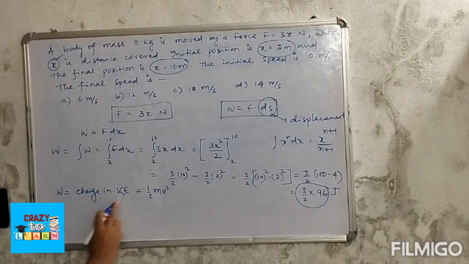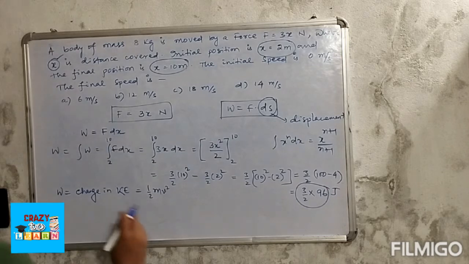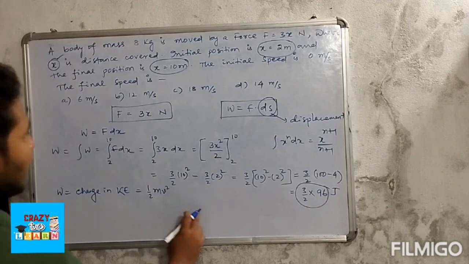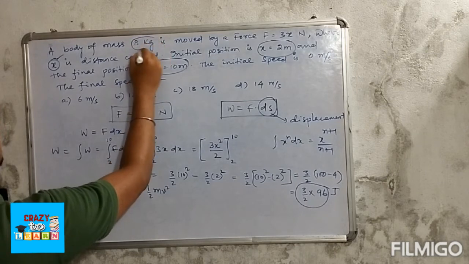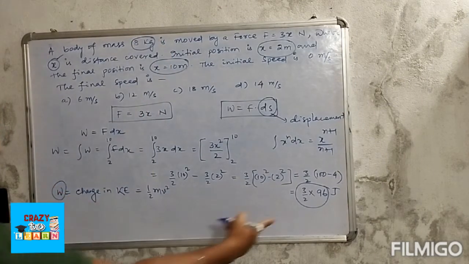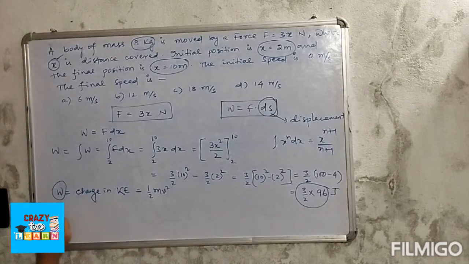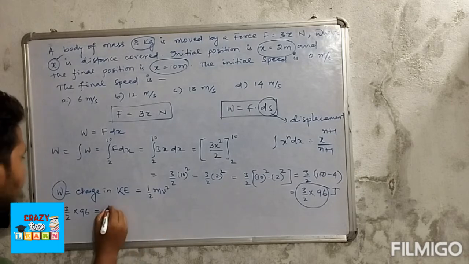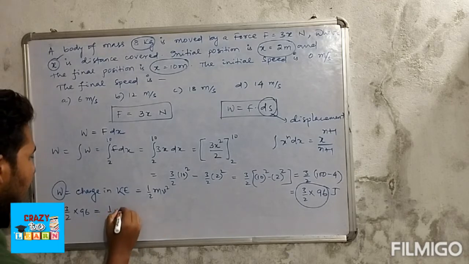The mass of the body is given to you as 8 kg, and the value of W we already got: 3 by 2 into 96, which is equal to the change in kinetic energy, half mv square, half into m.